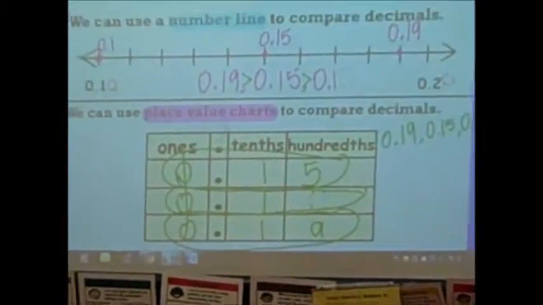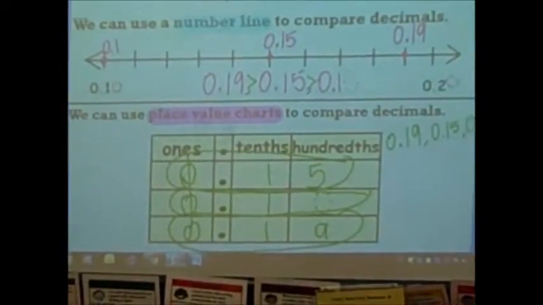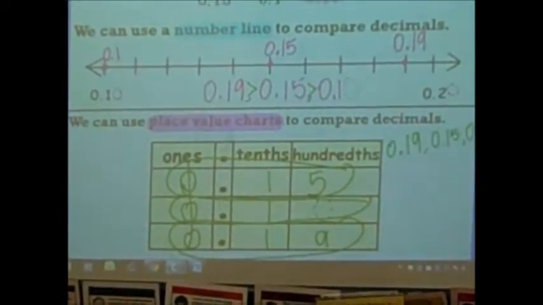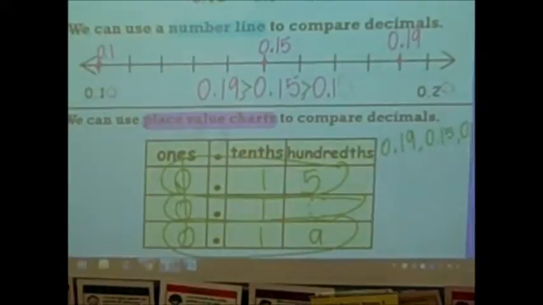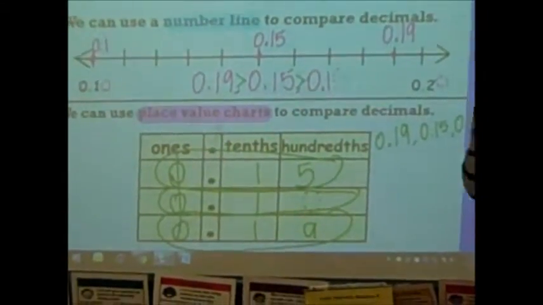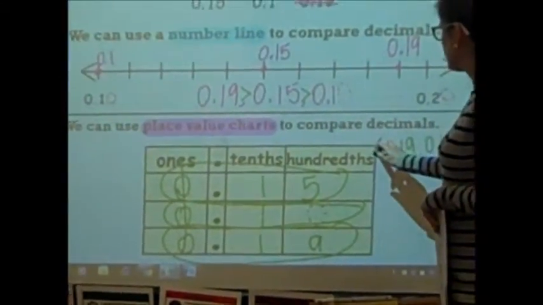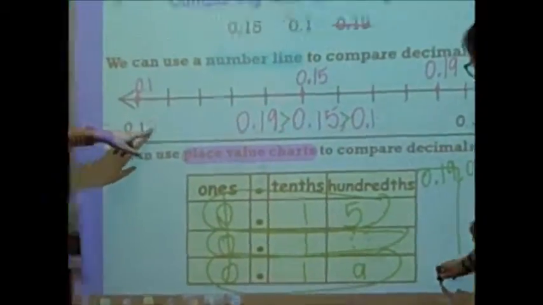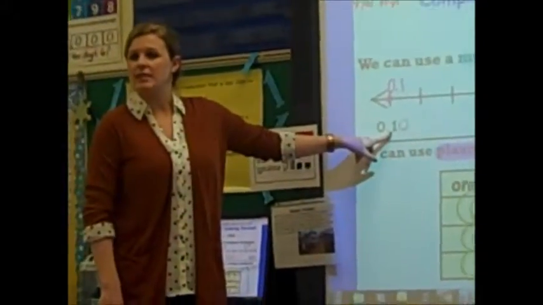We will probably stay far away from number lines for thousandths, unless I have everything written in hundredths. I wouldn't leave it as tenths.